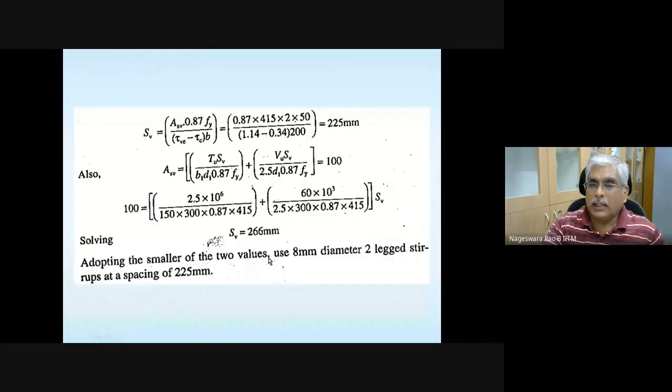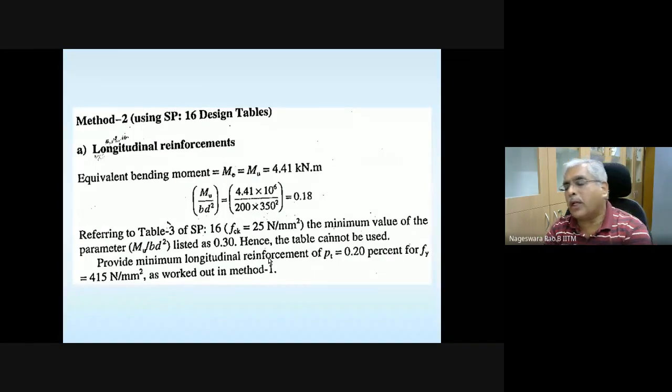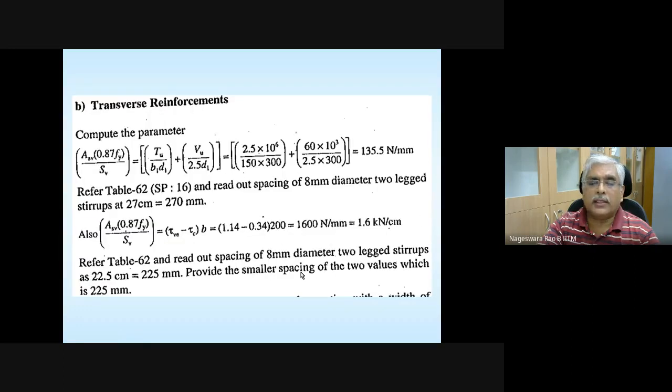Okay, and 2 more examples are there, and also how to solve this problem making use of Tables 62, 63 of SP16, that is illustrated. You can go through it. It's all self-explanatory. And 2 more examples are also given. This is all based on SP16.